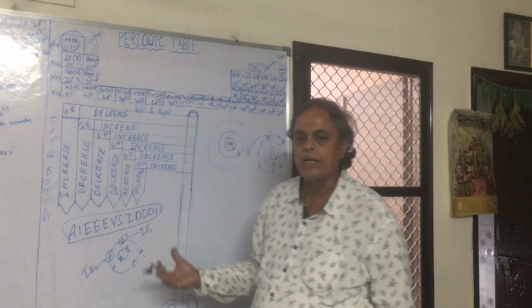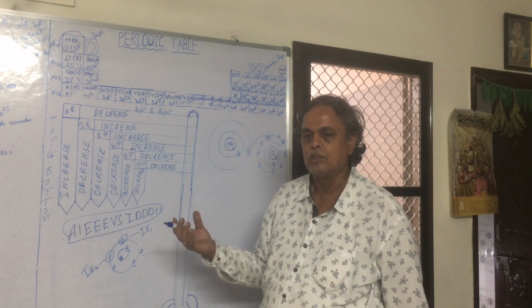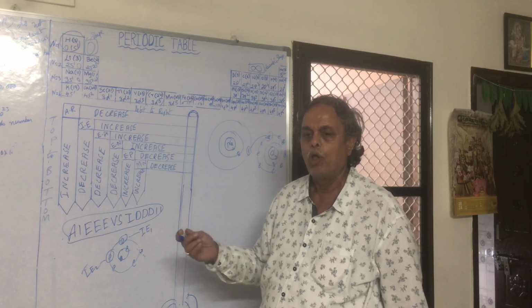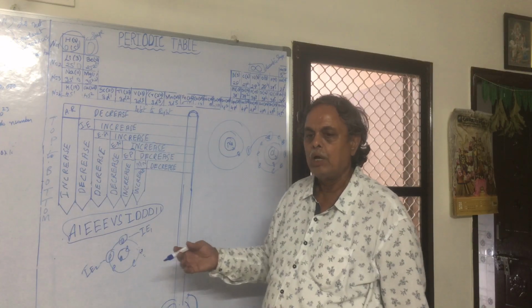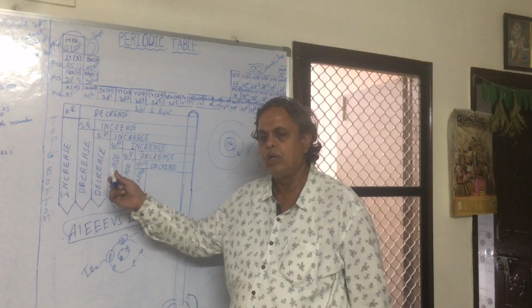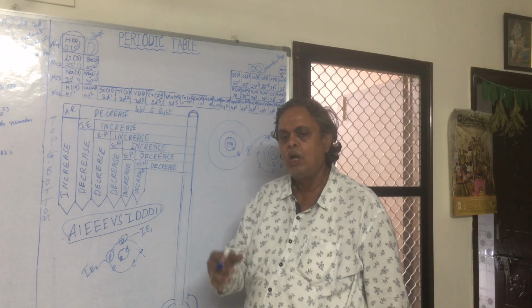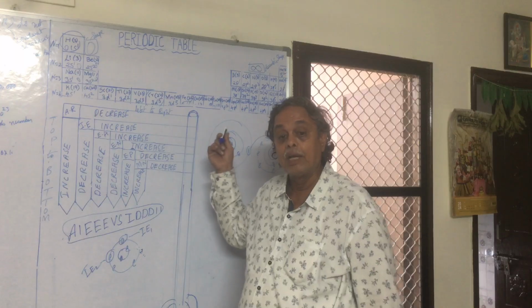Electron affinity decreases. The energy decreases while attracting another electron. Top to bottom decreases, and left to right, electron affinity increases. Ionization energy top to bottom decreases, and left to right increases.